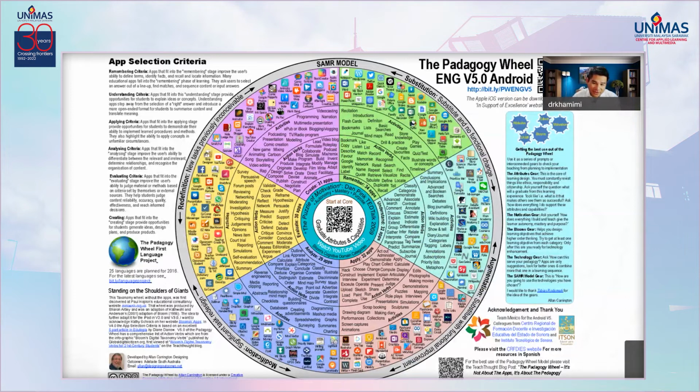So from this pedagogy wheel, before you decide to use which application from your iPad, from your iPhone, from your Android devices, you may choose the word here first. The 6 categories, 6 segments from the blue, whether you want them to remember, understand, to apply, to analyze, evaluate, and create.